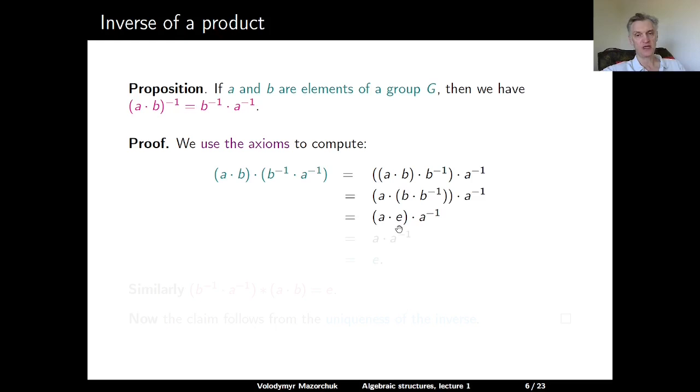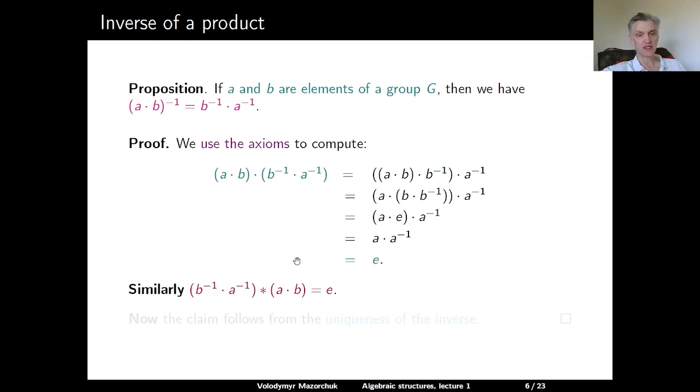The product of B and B inverse is E, so this is equal to A times E and then times A inverse. The product of A and E is A, and so we will get A times A inverse, and this is the identity. So the product of AB and B inverse A inverse is the identity.